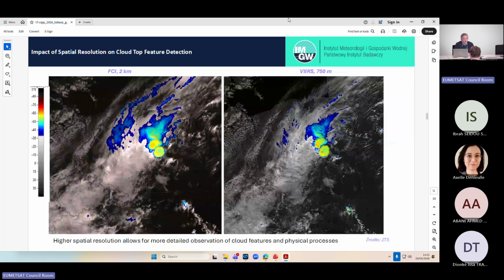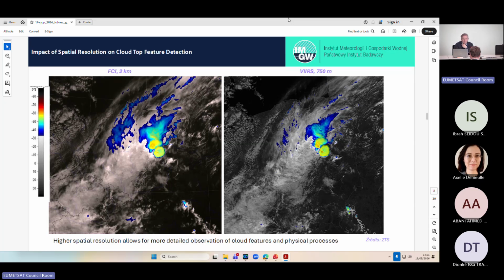And why do we use polar satellites? Because polar satellites have a very good spatial resolution. It's for VIIRS, comparing to the MTG, of course.